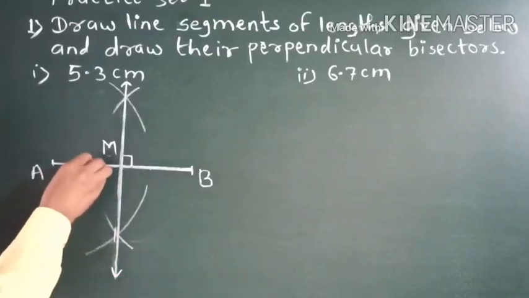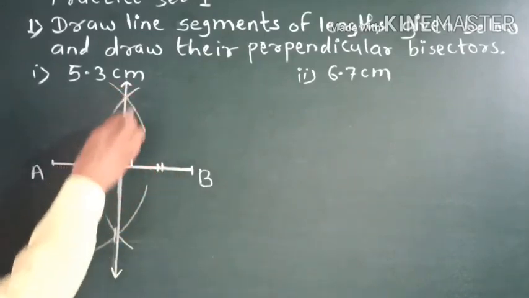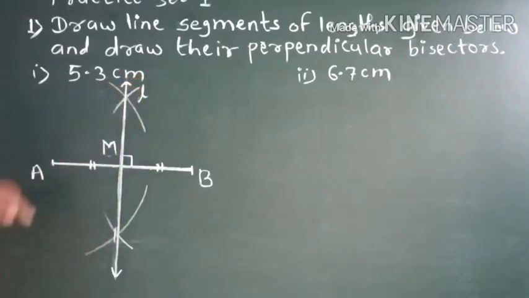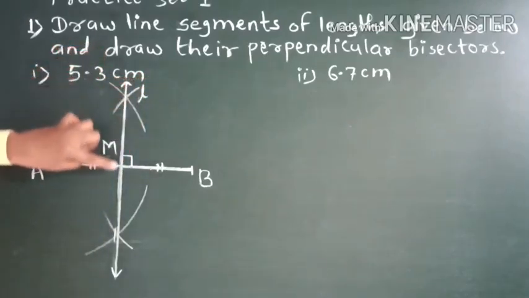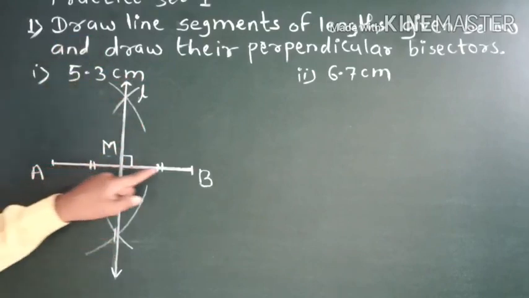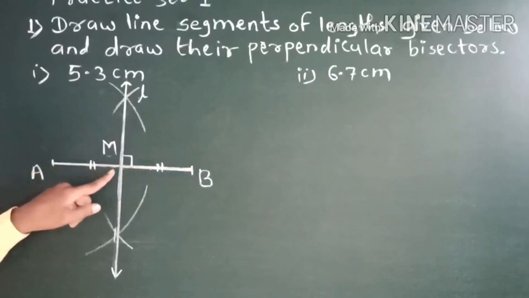That means M is a midpoint, and the name of this line is line L. This line L is perpendicular. The perpendicular line passes through the midpoint of a segment. It's called the perpendicular bisector of the segment.